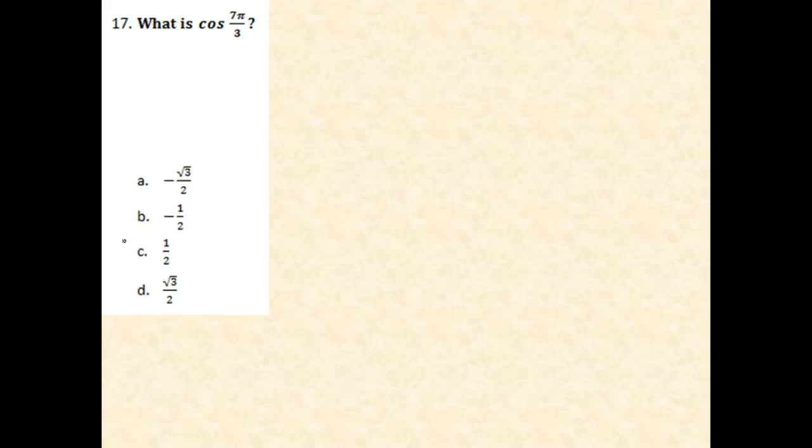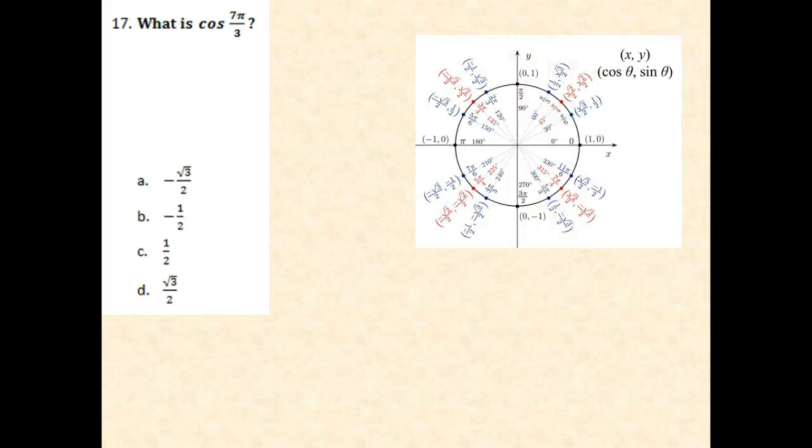What is cosine of 7 pi over 3? Here's another question where the unit circle is going to be kind of handy. All the way around the circle once is 2 pi radians. Well, so that's 6 pi over 3.